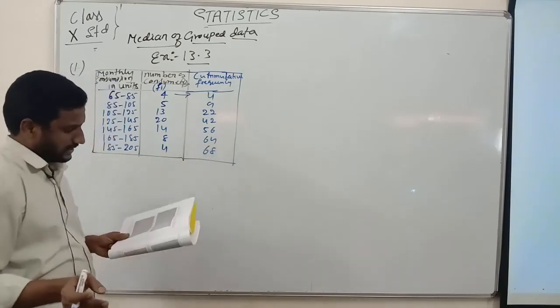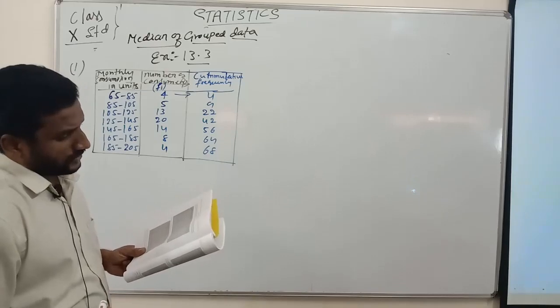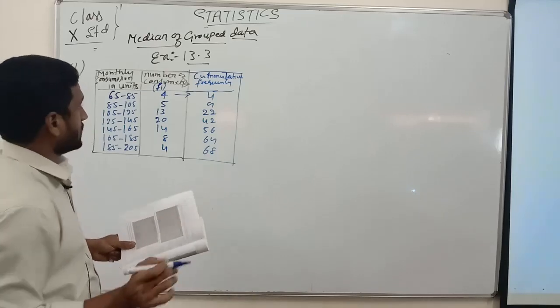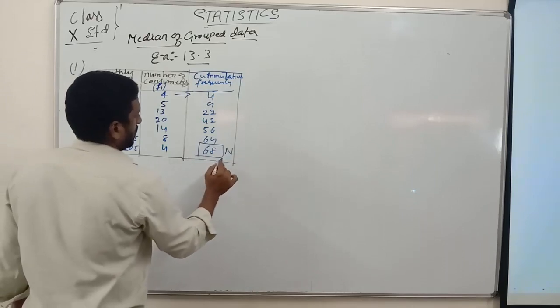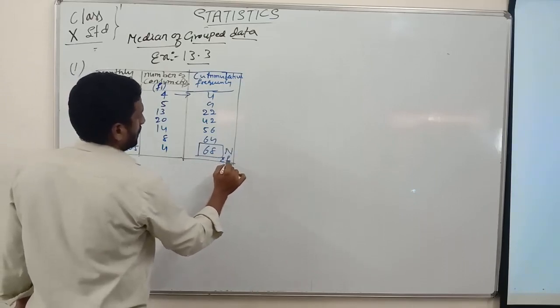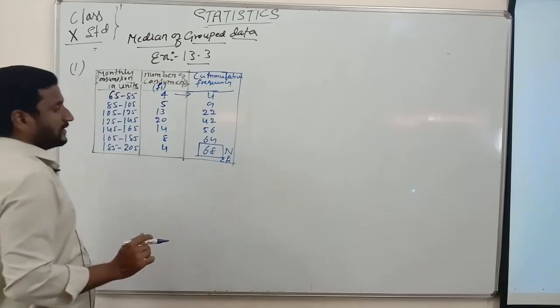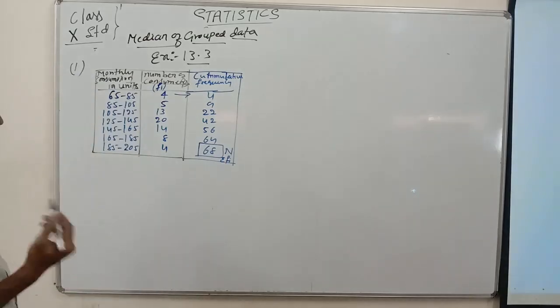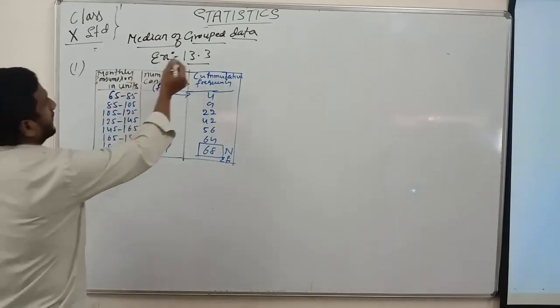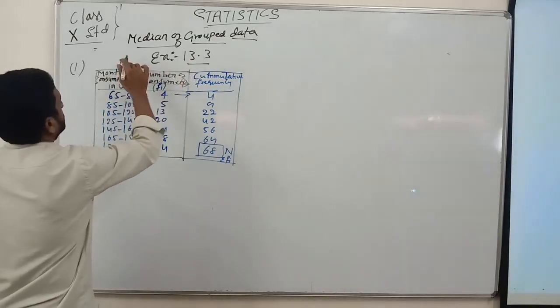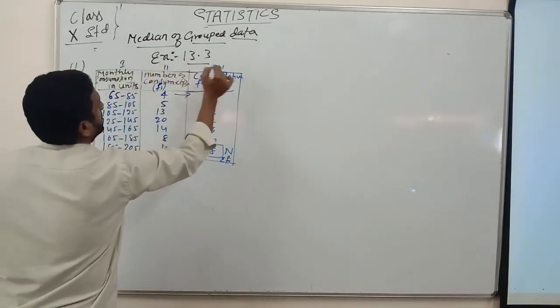So totally he has given the electricity data of 68 consumers. This is represented by N or sigma fi. While calculating the median, there will be 3 columns.